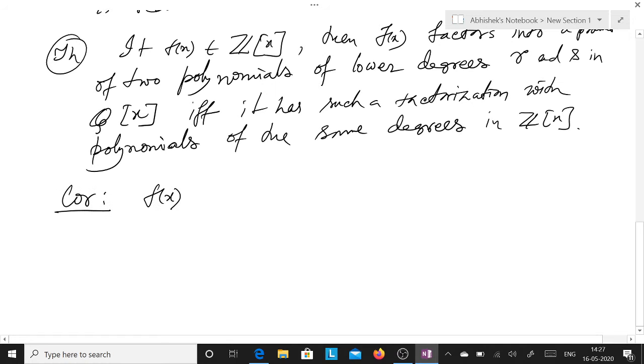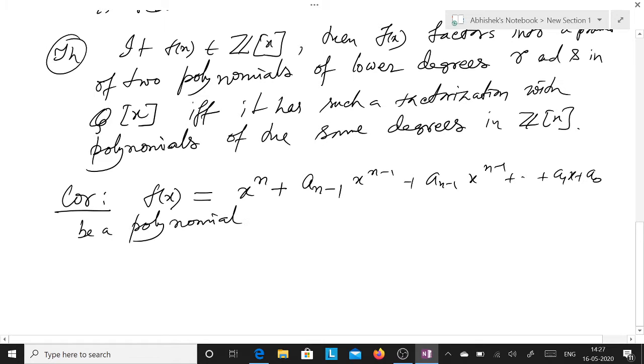now let us suppose that f(x) be a polynomial with the leading coefficient 1, that is x^n + a_{n-1}x^{n-1} + a_{n-2}x^{n-2} + ... + a_1x + a_0, a polynomial with integer coefficients.